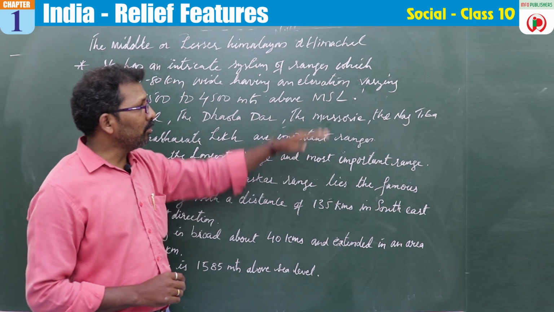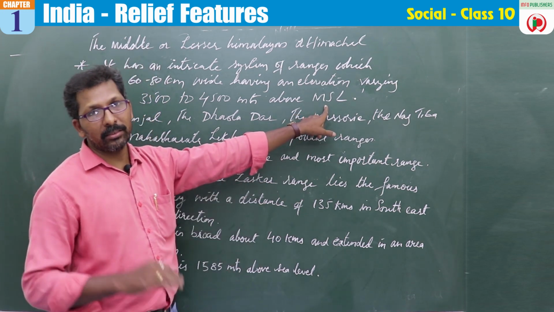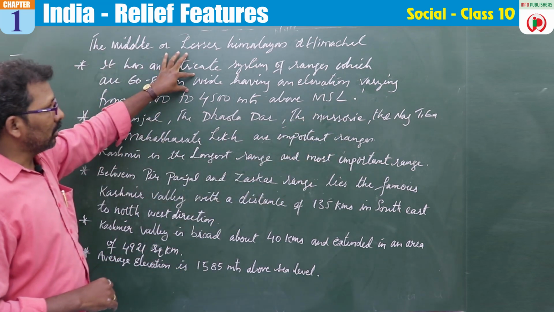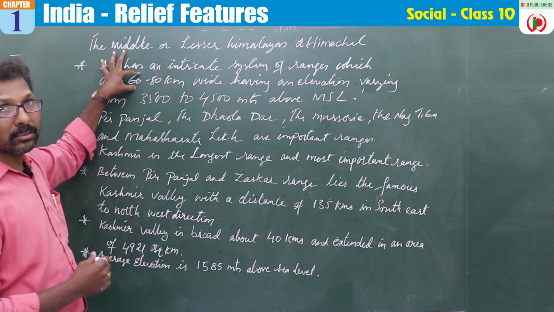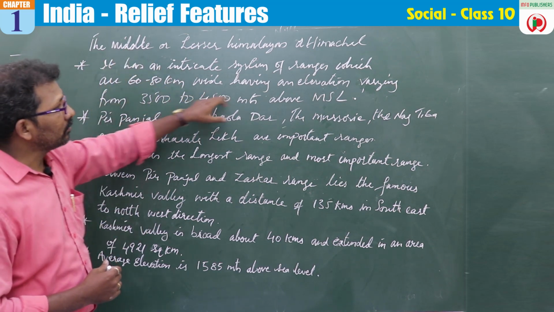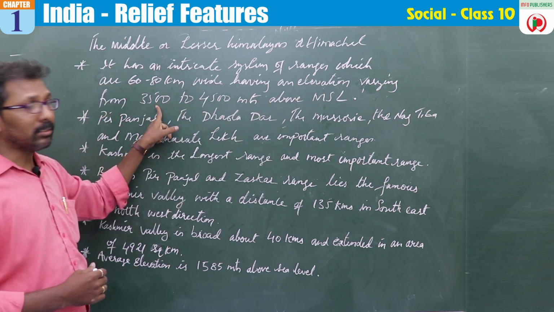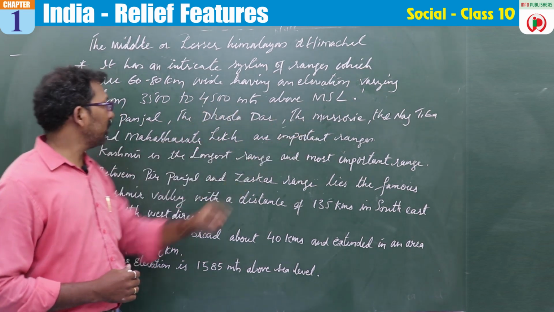Usually we measure the height of a place with the help of MSL, that is mean sea level. So clearly, the width of these ranges is 60 to 80 kilometers, and the average elevation is from 3,500 meters to 4,500 meters above mean sea level.